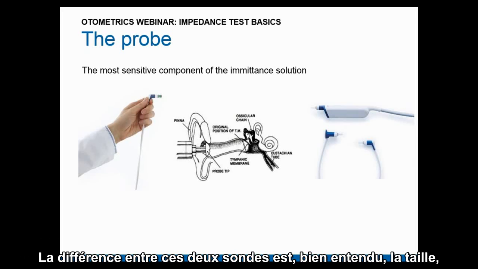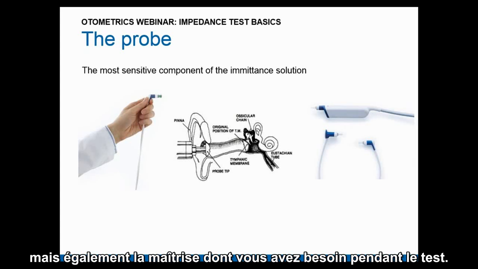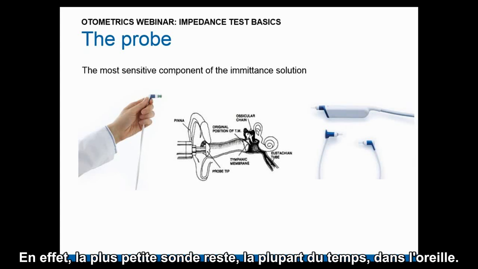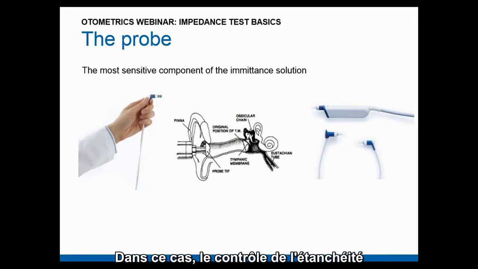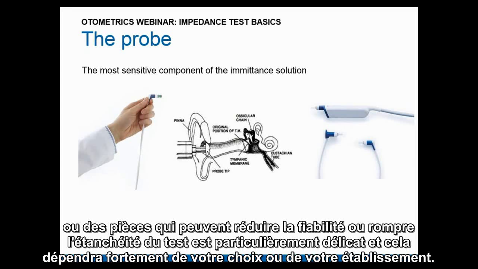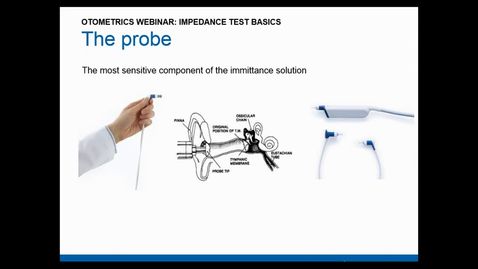The difference between these two probes, of course, obviously is the size, but it's also the control you want to keep when you do the test. Because with the small, tiny probe, most of the time you need to leave this probe in the ear, and then, of course, the control on the sealing, or all the parts which can actually decrease the reliability or break the sealing of the testing, are very, very sensitive in the choice of your practice.